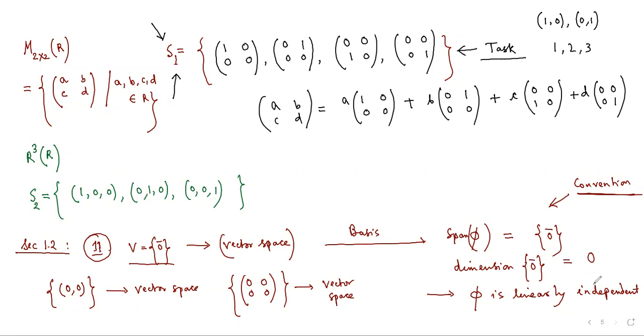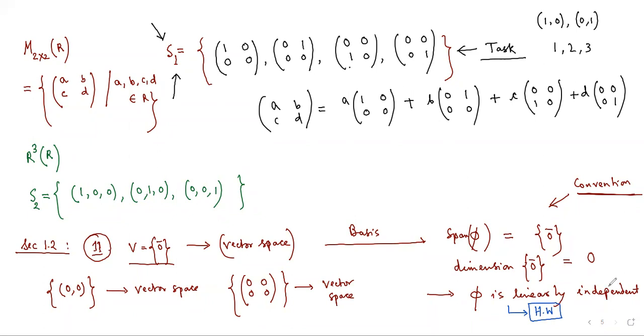How can you show this? That is a home task for you. Think of the proof that phi is a subset of any set, and try to apply the definition of linear independence in the case of phi, and show that it is indeed linearly independent.